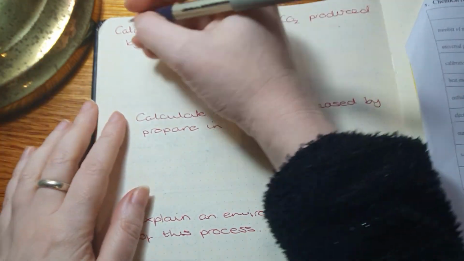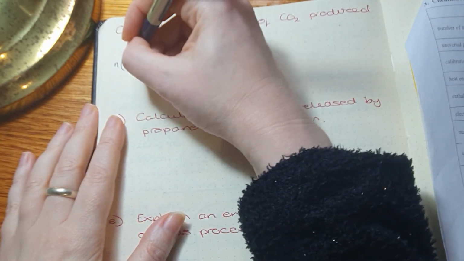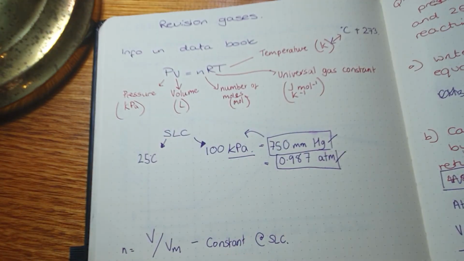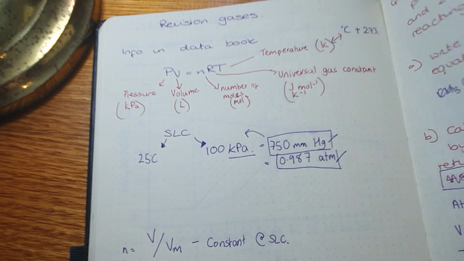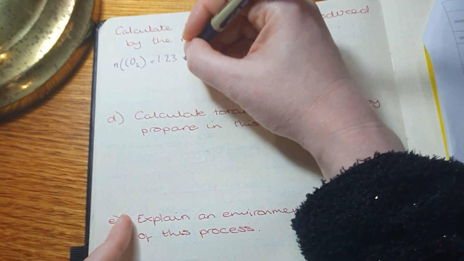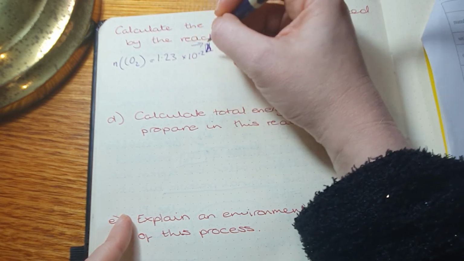so we have our number of CO2 equals, what did we have? 1.23 times 10 to the minus 2.